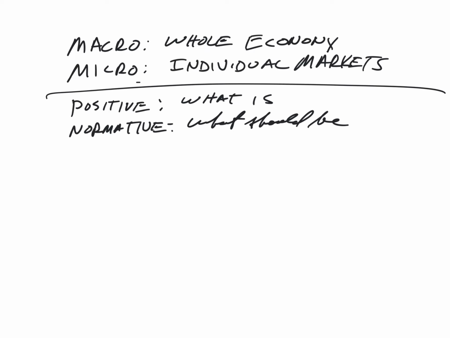Versus, we need rent control to keep housing affordable for the poor. See the difference? Rent control causes apartment shortages. That is making a claim about what rent control does. What happens? If this, then that. That's positive. That's a positive statement.